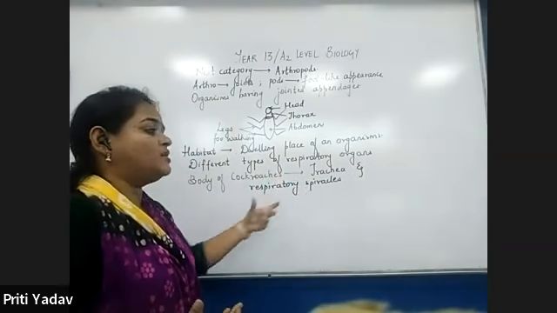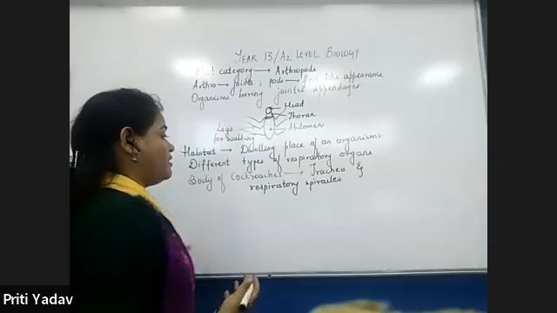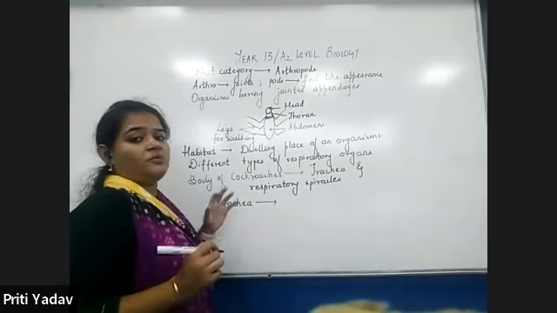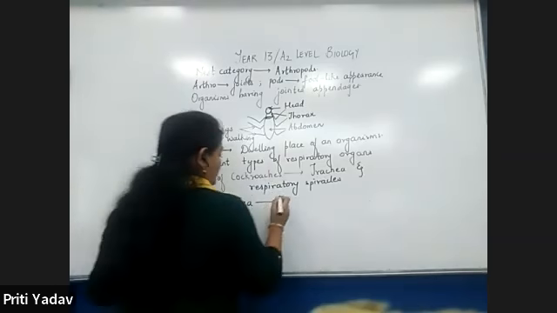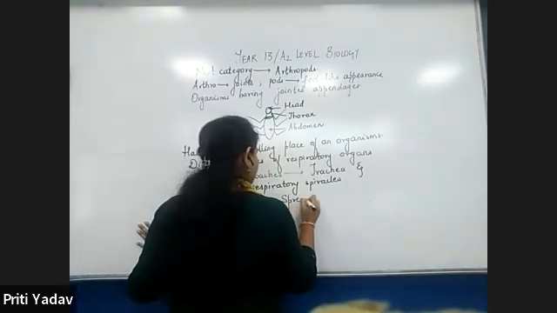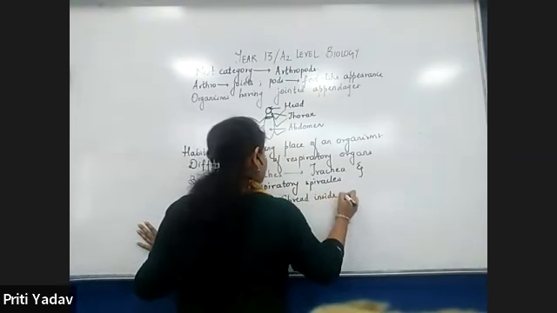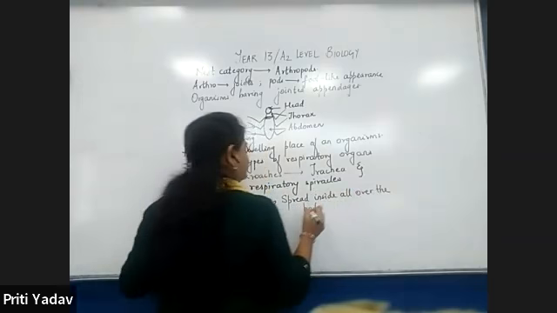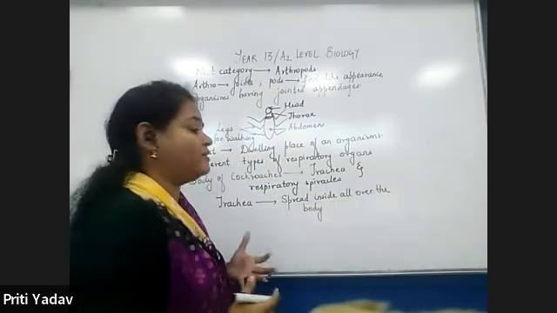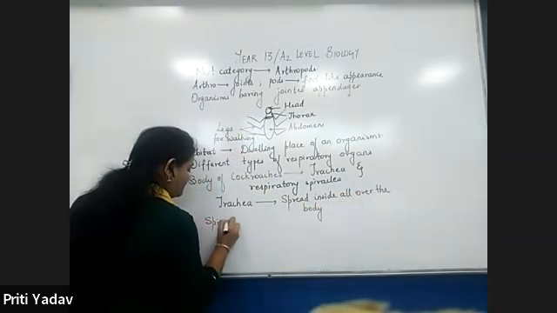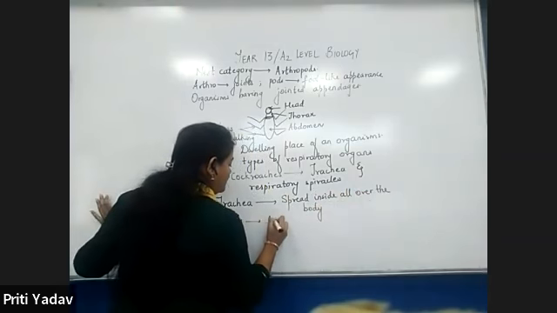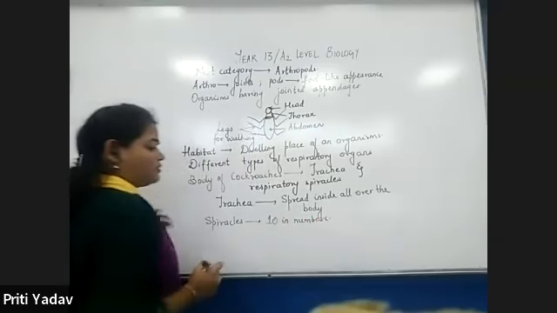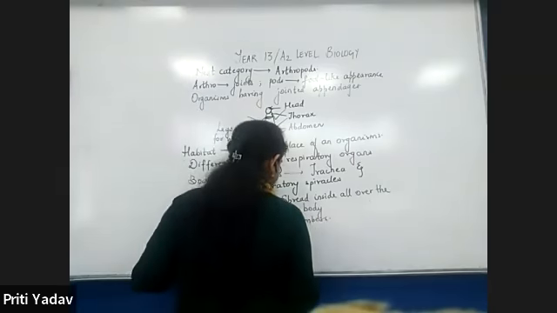So they do have trachea and respiratory spiracles. Now, if we talk about trachea, it's been spread all over the body inside. Then where are these spiracles? Spiracles, they are 10 numbers. There are total 10 pairs of spiracles.